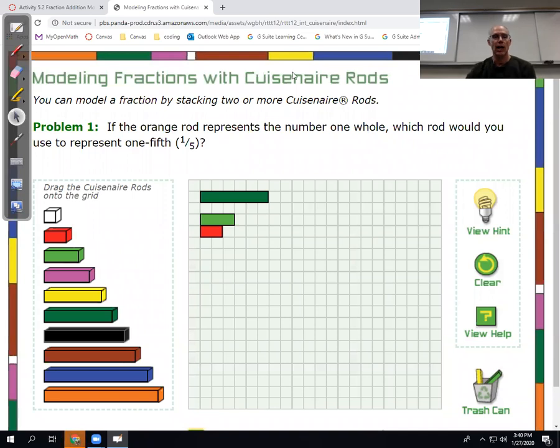A white one, yeah. I need to take the whites and use those. So I'm going to throw the whites in here. So I need 3 whites to make the light green, and I only need 2 whites to make the red. All right, so let's try this again.